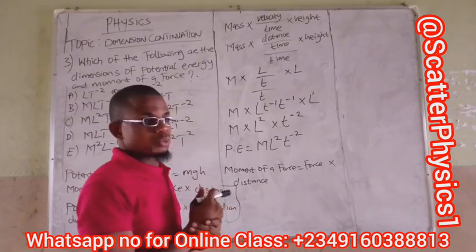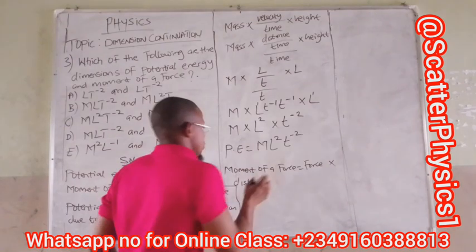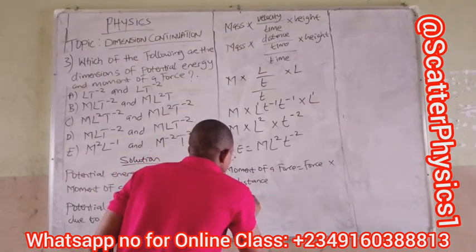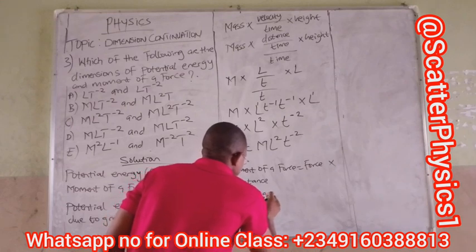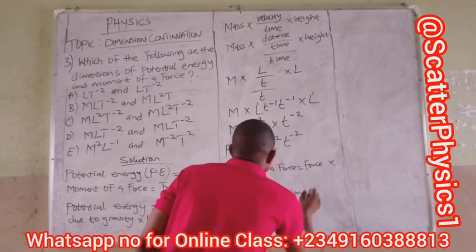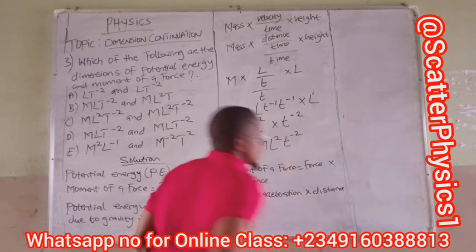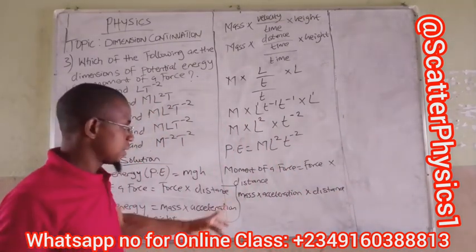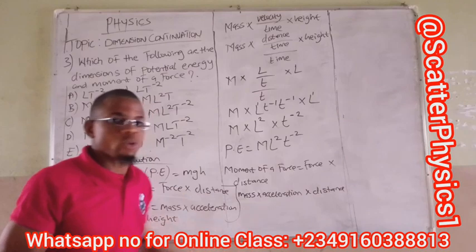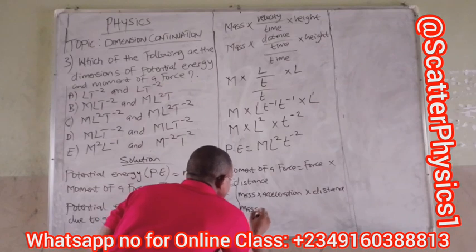Under force, you know that F is equal to ma, the formula for force. So we have mass times acceleration, which is the formula for force, times distance. Inside this formula, we still have the formula for acceleration.